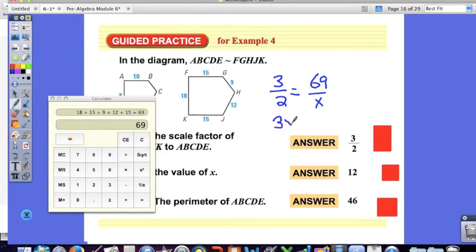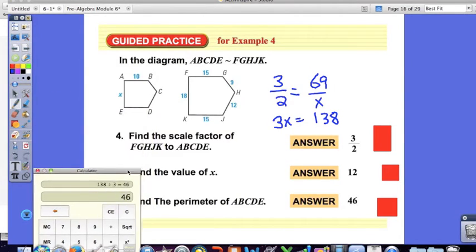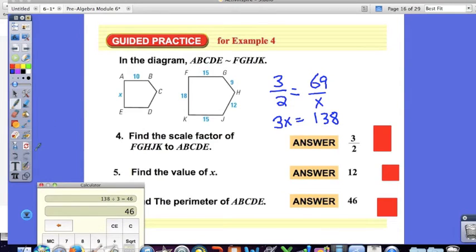So 3x equals 69 times 2, which is 138, divided by 3 is 46. Oh, I'd already pulled the answer away there. So the correct answer is 46.